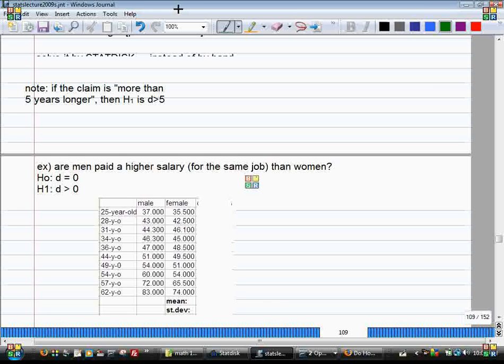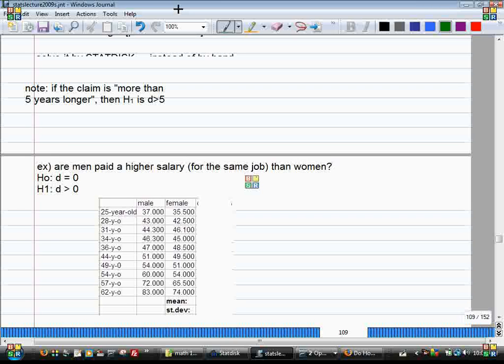Why in this problem are we allowed to talk about differences? It's a matched pair. Same job, and what else? Looking at the data, what allows you to take differences? They're male and female, but I could just have a random group of men and a group of women.